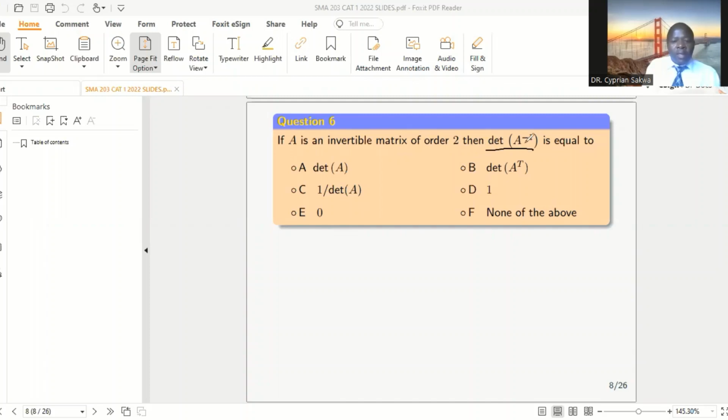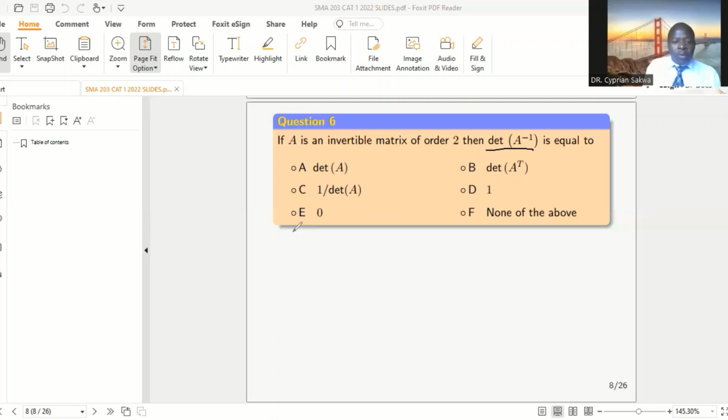We want to get the determinant of the inverse of A, and the question is saying that we should choose one of these. But before that, we are supposed to work it out first and see what we get. Do we get that to be the same as the determinant of A, or this, or 0, or 1, or the transpose?